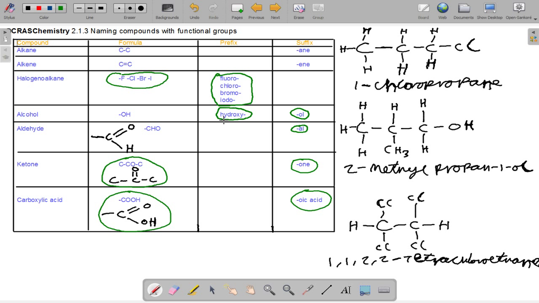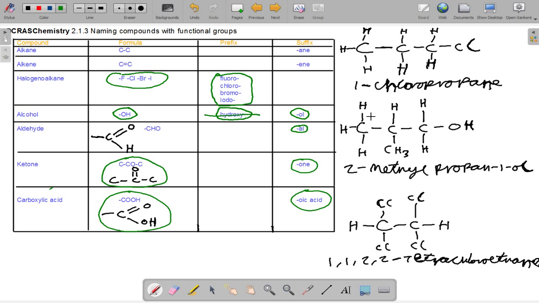Going back to the hydroxy, had a bit of a blank there. So you can use the prefix or the suffix, but commonly you use the suffix. Yeah, you commonly use the suffix "ol", like ethanol. And if we look at this alcohol's example here, 2-methyl-propan-1-ol.